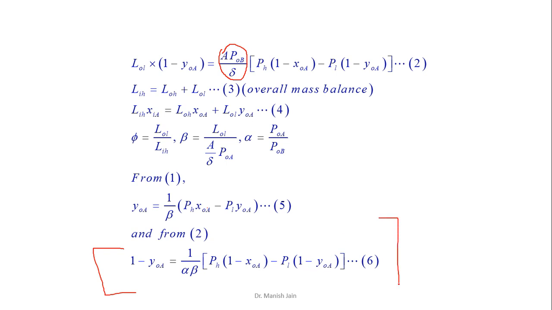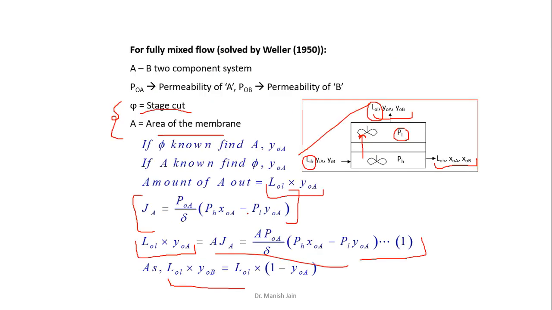Now you have to calculate the value of YOA from equations 5 and 6. Why? Because XOA and YOA, YOB and XOB are the output parameters, so the values of these parameters will not be given in the problem.